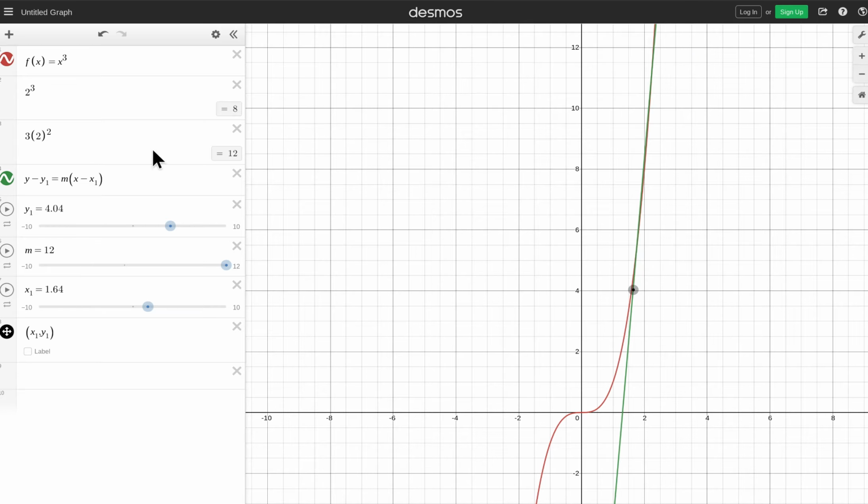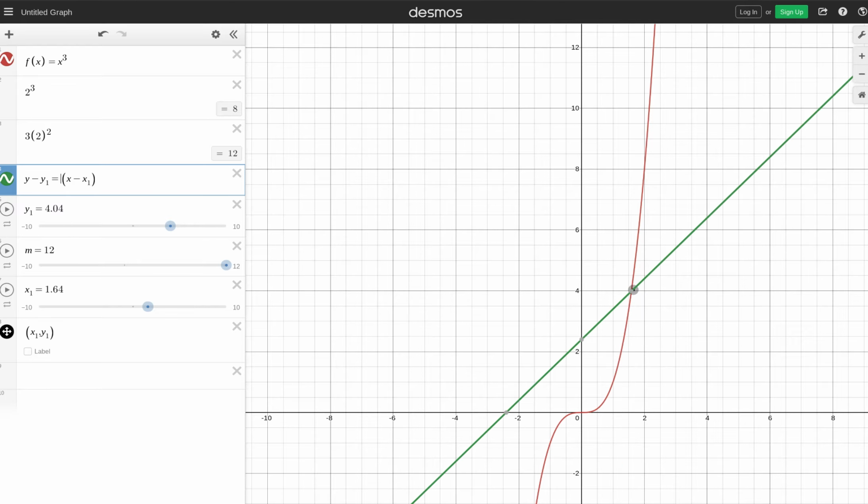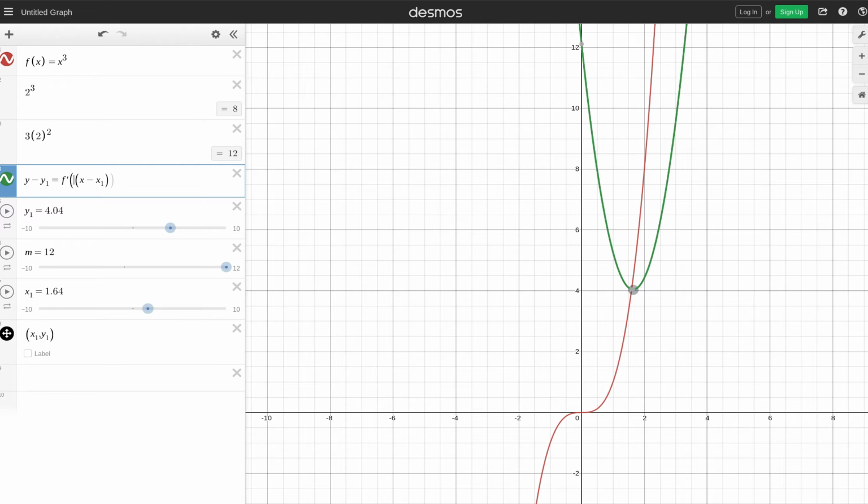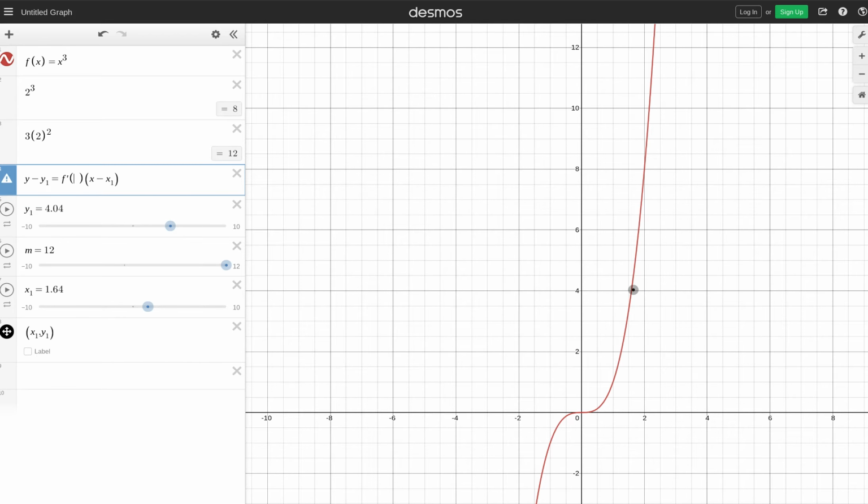Another fun thing you can do is, we don't need to call this m, we can actually use the derivative, because we know that m is equal to the slope of the line of that function at the derivative. So let me try to access this point.